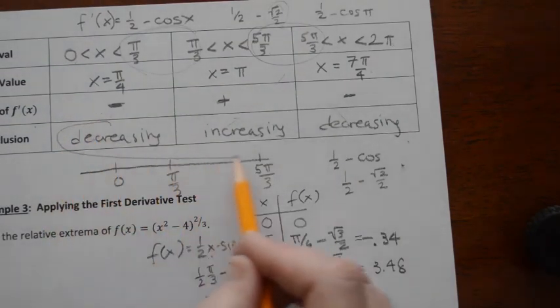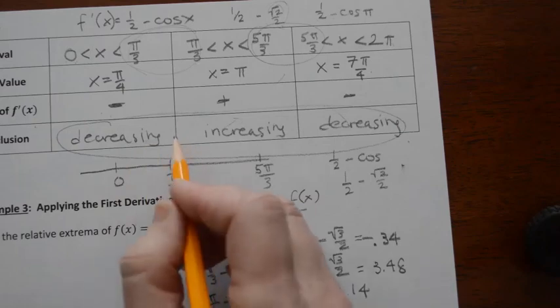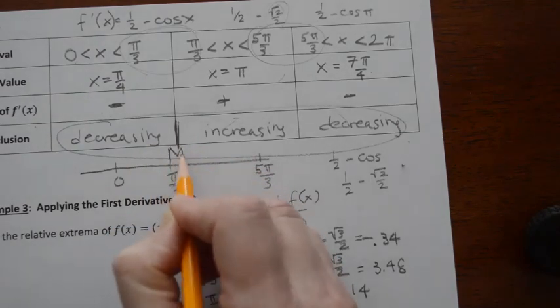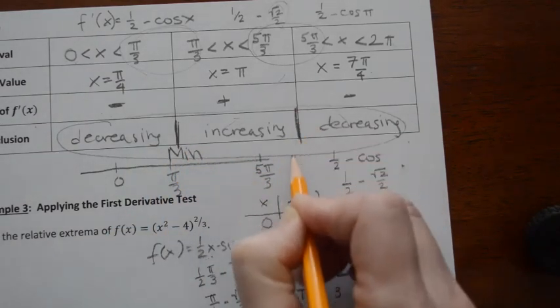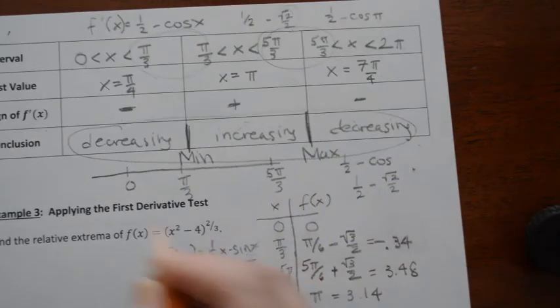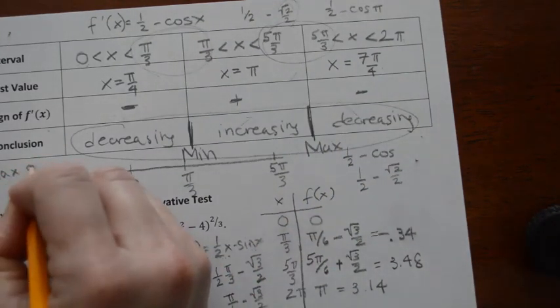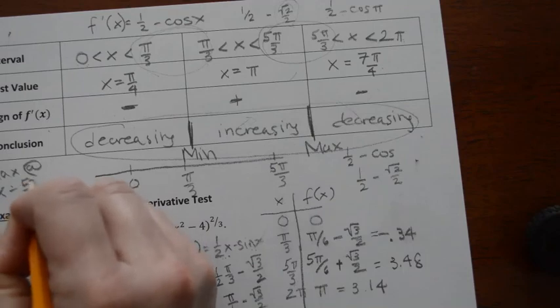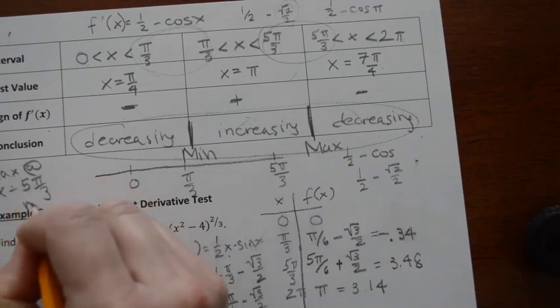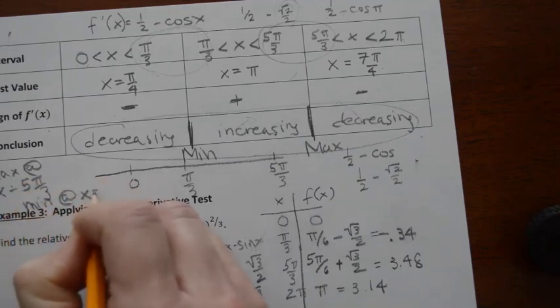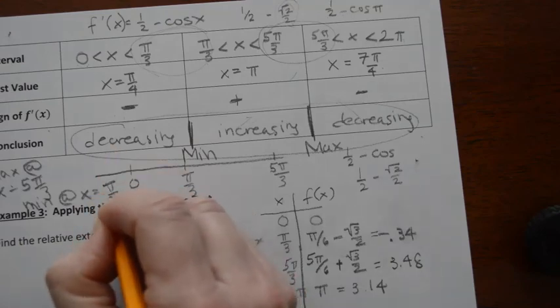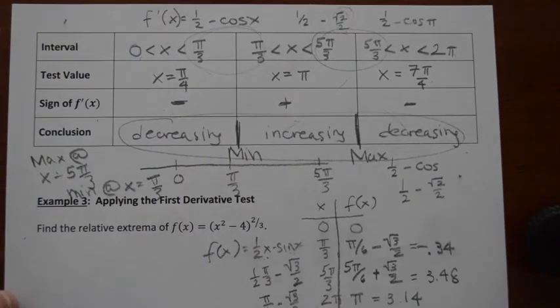So these are the things that are going to help us decide. The min is going to occur here, and the max is going to occur here. All right, so max at x equals 5 pi over 3, min at x equals pi over 3. Okay, that's it.